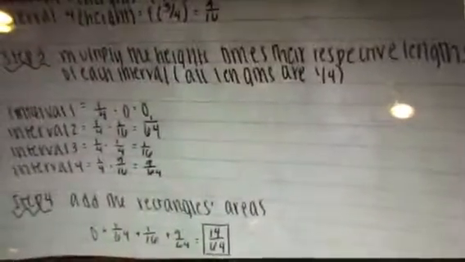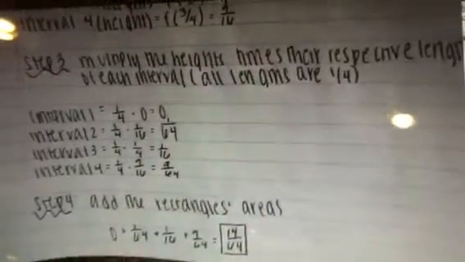Step 3 is exactly the same. We multiply the respective lengths by the respective heights, and the lengths are all going to be 1/4 again. So 1/4 times whatever number you got for the heights, using f of the right side. You just add those and you get the right side sum.